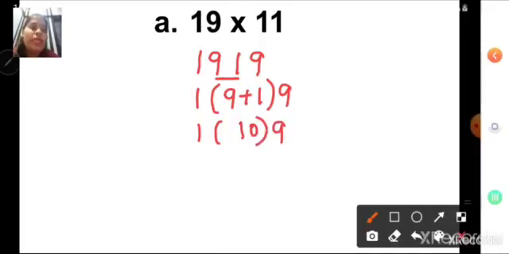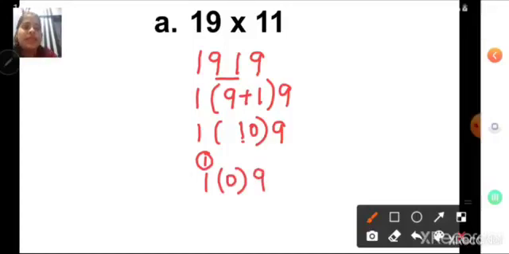Now inside the bracket, we cannot take two numbers. So how we do carry over? The same way we have to do. Number 1 will be carry over to the next place. So I will write here 1. This 1 will be carry over here up. Inside we have 0 remain left and then number 9.